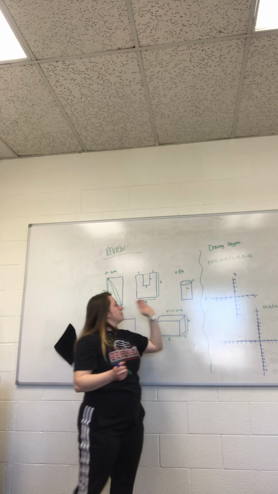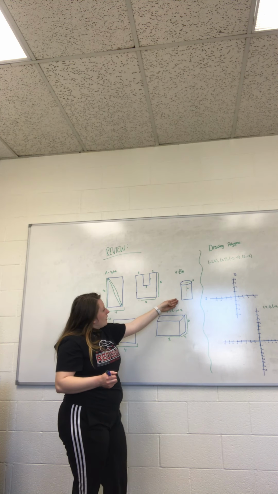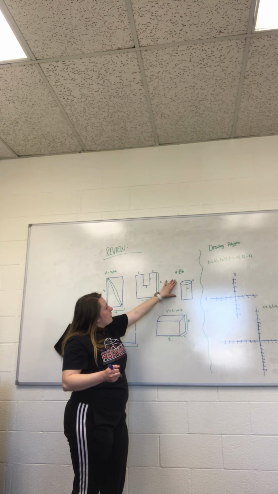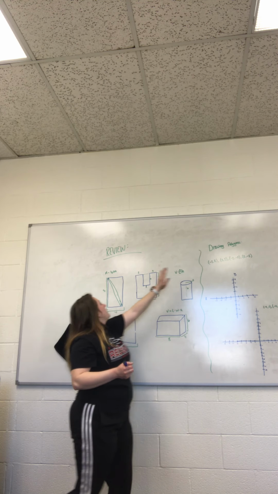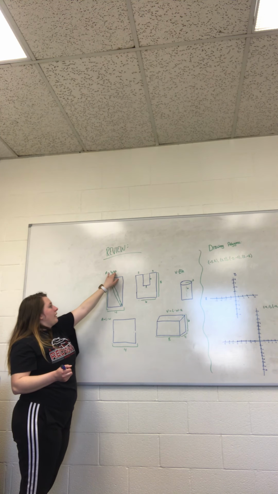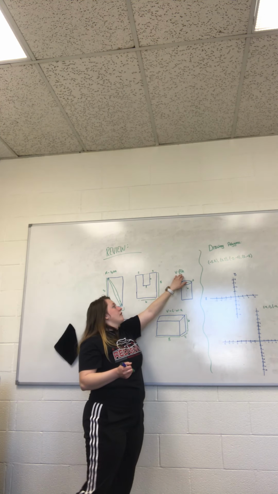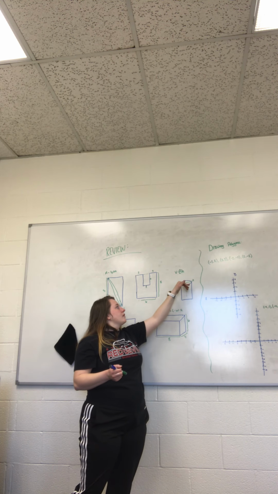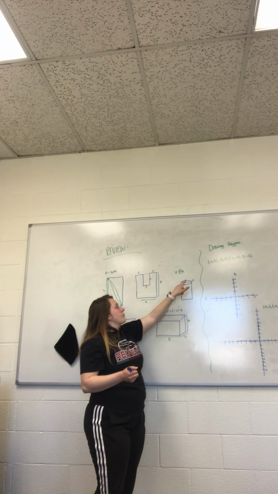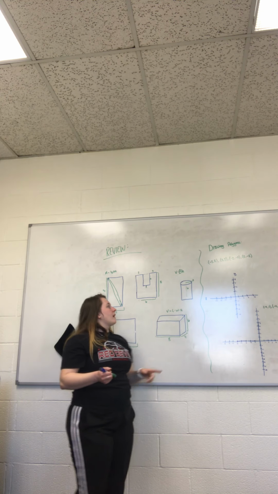So let's go on to volume of a sphere, right? Our right sphere, right? What does this B mean in comparison to this B? This is base, and this is our base, our circle, right? We're going to take our area of our circle and multiply that by our height.